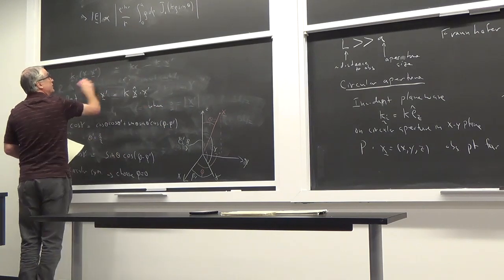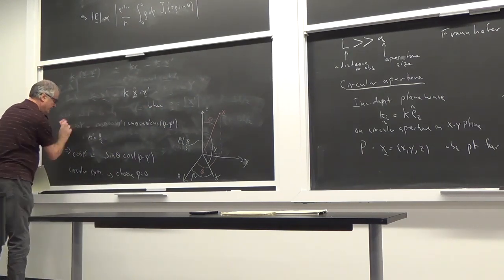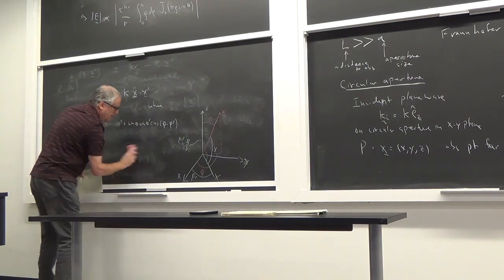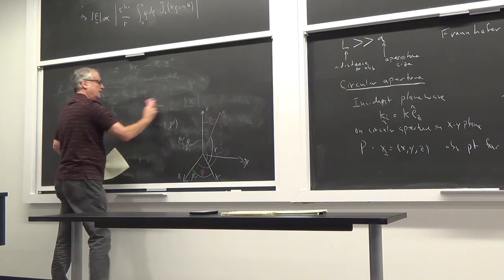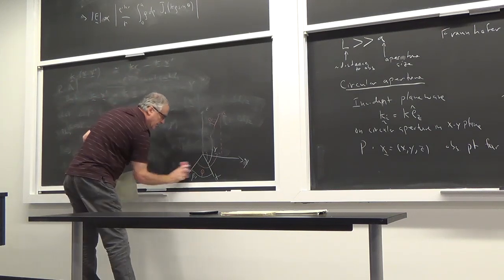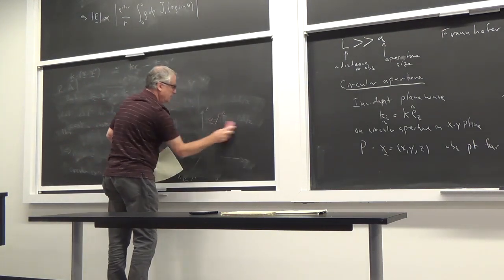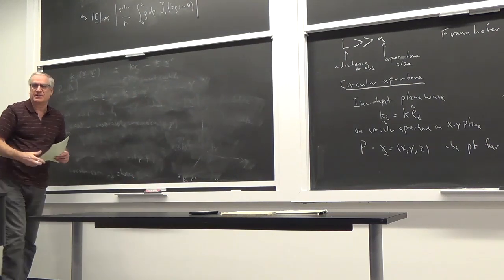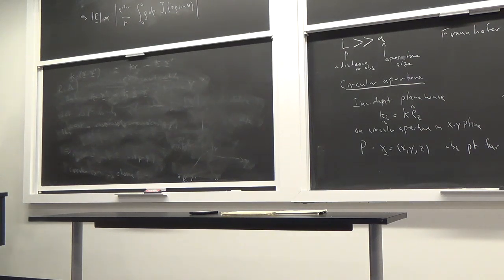Okay, but we still have an integral to do, an integral of a Bessel function. So again, you can play with things and do series expansions and look at what you get.